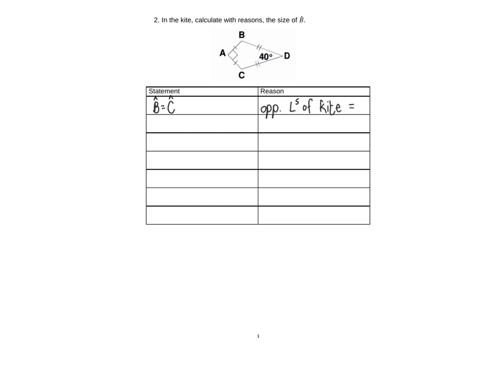And so we know A plus B plus C plus D gives you 360 degrees, seeing that it's in a quadrilateral.